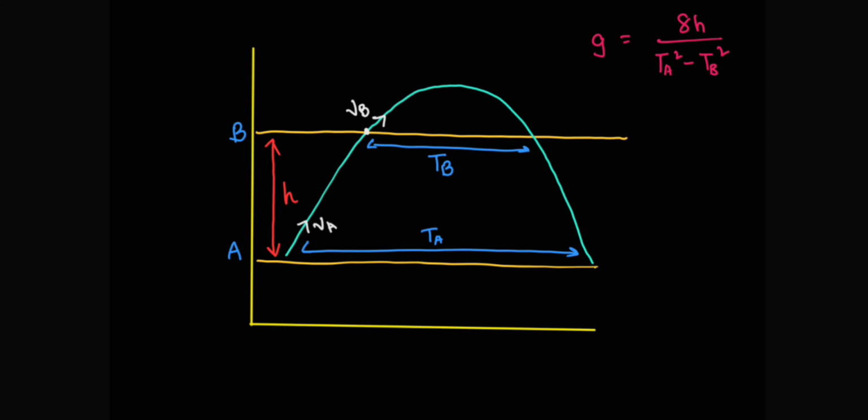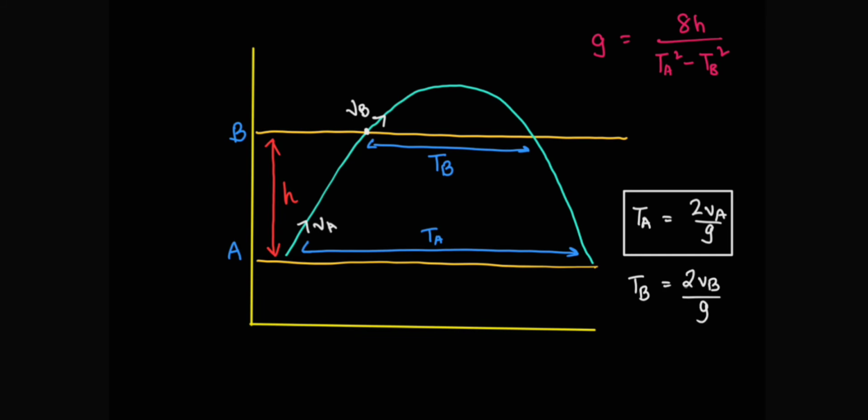Taking all of these into consideration, we can say that the time of flight with reference to the line A can be expressed as TA is 2VA over g, right? And similarly, we can say that TB is 2VB over g, right? So let's label these equations as equation 1 and equation 2.